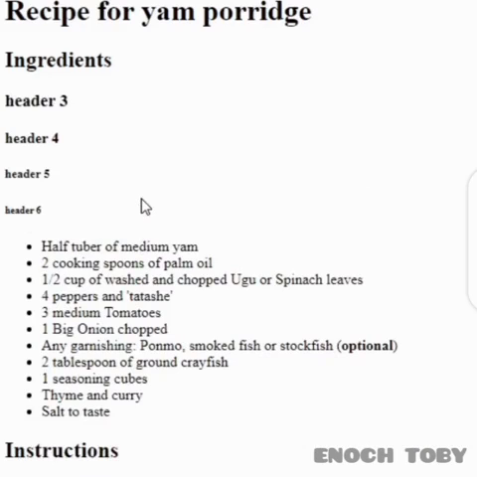We can see the start of H1, H2, H3, H4, H5, H6. You can see that from H5 it even seems smaller than standard text. So that's about the headers, H1 to H6.